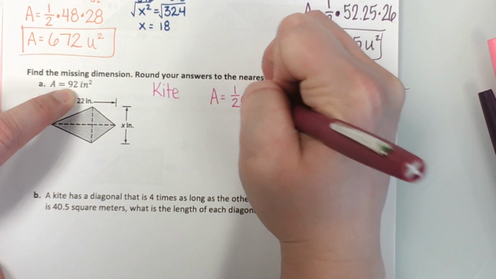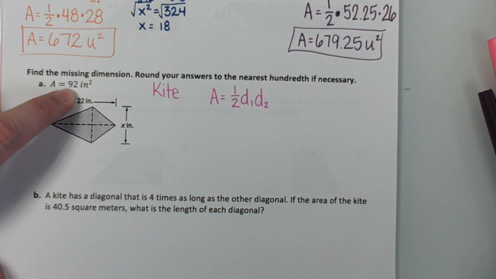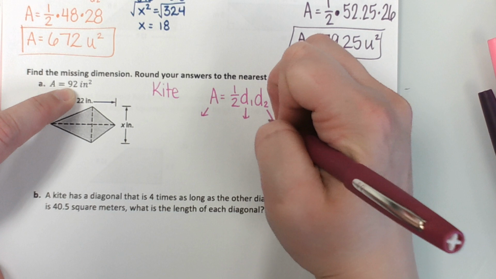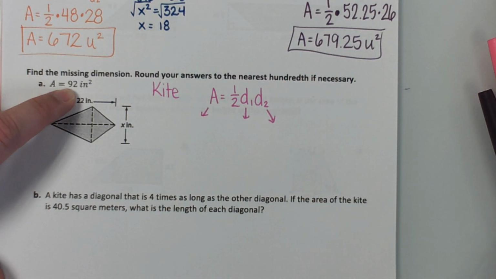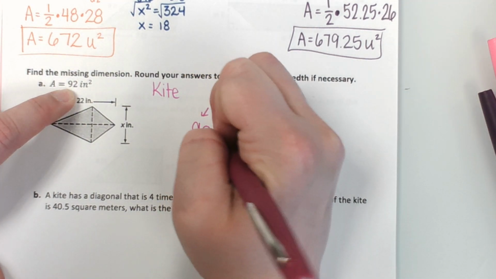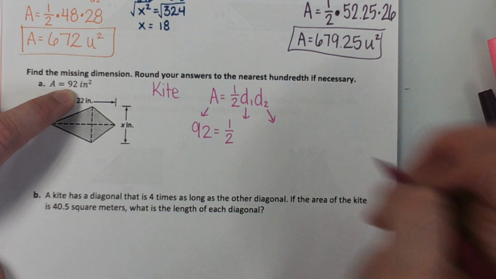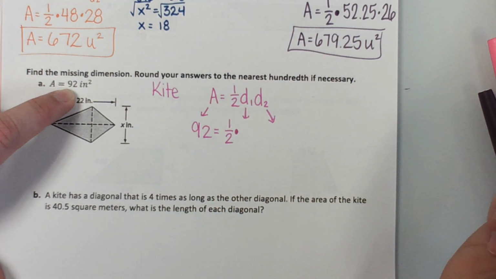Area formula is still this for a kite. And I plug in what I know. There are 3 variables in this equation. I can plug in something for each of them. What goes into A? 92. Don't lose the 1/2 as you do this. What goes into D1? 22.